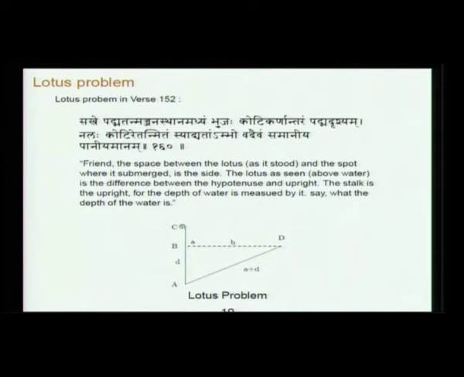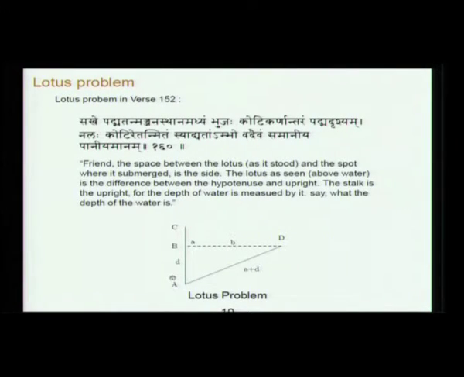So, this is the base, and because again of the force of the wind, the lotus will get submerged. Okay. So, this will become the diagonal, AC will become AD, AC is equal to AD. Okay. So, then this BD is given. So, where is it getting submerged? Okay. B is given. So, then you have to find out the depth.